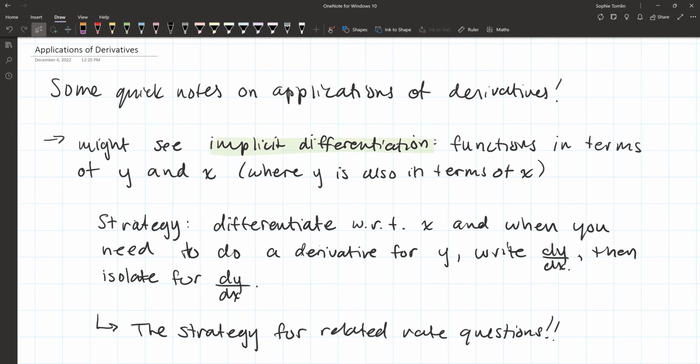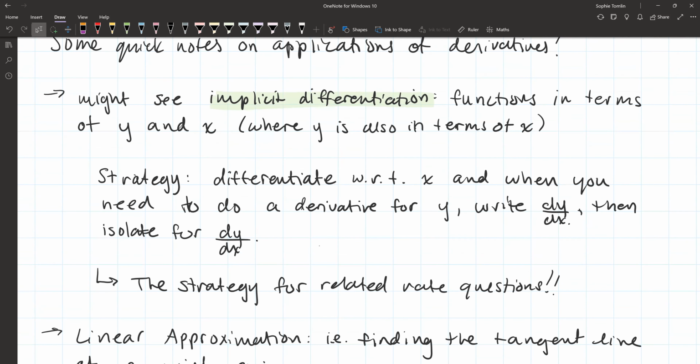The way we go about this is we differentiate the whole expression, both sides of the equal sign, with respect to x. And when you need a derivative for y, because that would technically be the chain rule, you write dy dx. Once you've got all those terms, you isolate for your dy dx, and you'll get the derivative of y with respect to x.